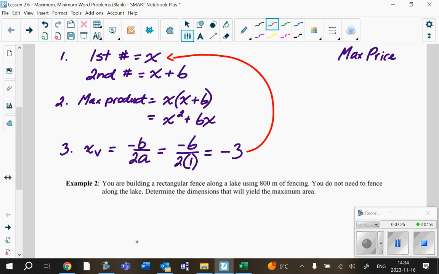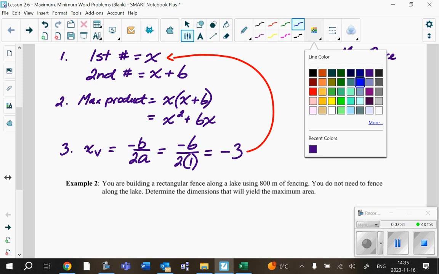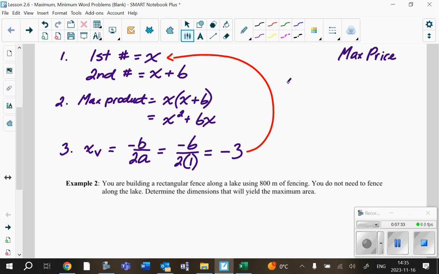It's negative 3 plus 6. So we're ready to answer the question. The two numbers are negative 3 and what's the second one? Positive 3, because I just do negative 3 plus 6.